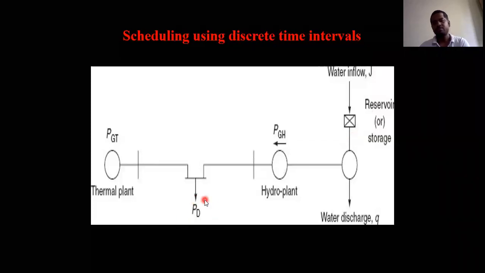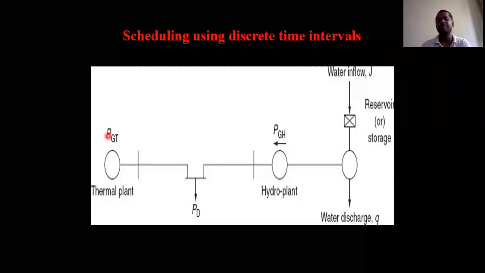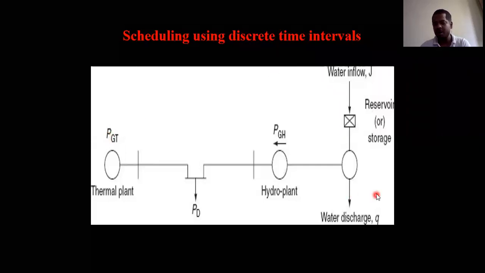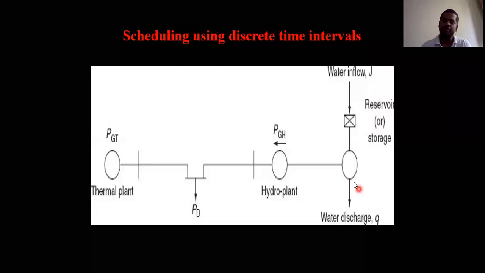The main objective is how much water is to be discharged from this valve in order to generate this hydel power in such a way that PGT is minimum, meaning the fuel cost of the PGT must be minimum. So like this, we need to discharge our water from this valve. This is our main objective.